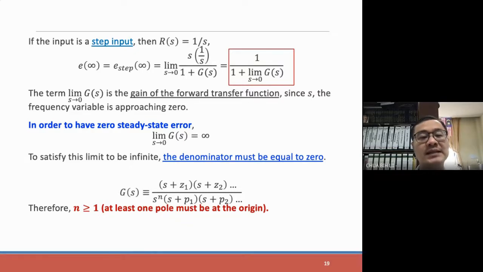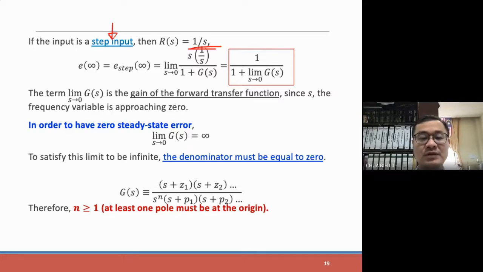What would be the type of steady state error that occurs when we put different types of input? We start with the step input. The input is 1 over s, sorry.